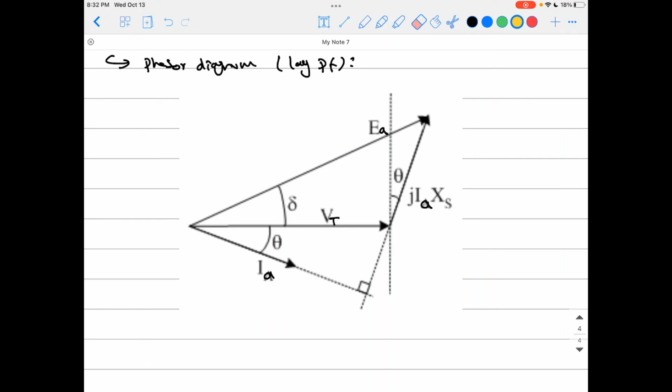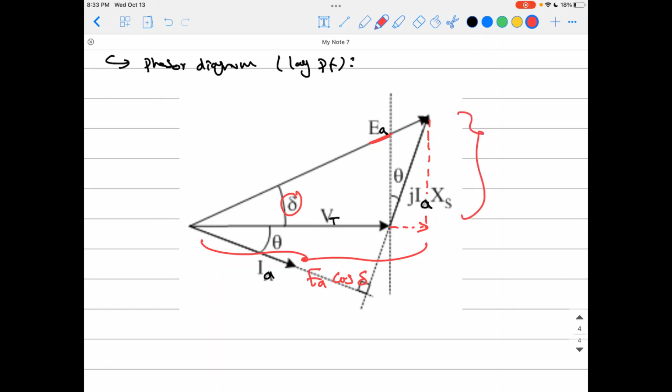If we use the very simple laws of the math of triangles, you'll see from this that this is EA. If you multiply it by the cosine of the angle delta, it will give you this whole part of the triangle. So this is EA cosine delta.